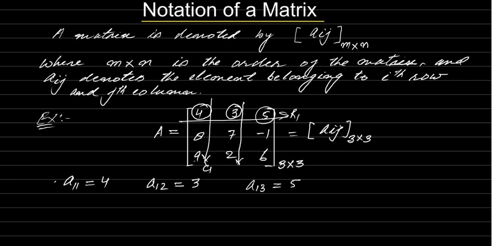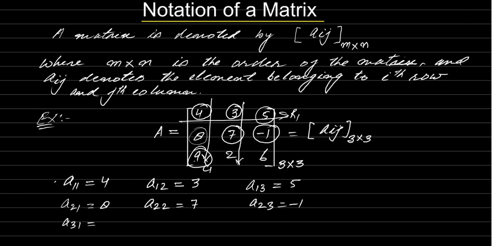The notation for element 8 will be A21, that is the element of the second row and first column. 7 is A22, minus 1 is A23, 9 is A31, the element of third row and first column, and A32, that is the element of the third row and second column, which is 2, and A33, that is the element of third row and third column, which is 6.